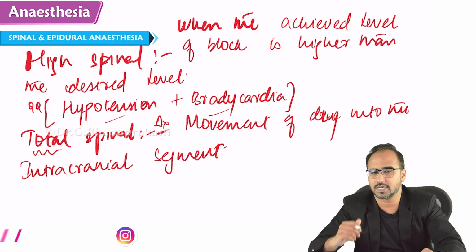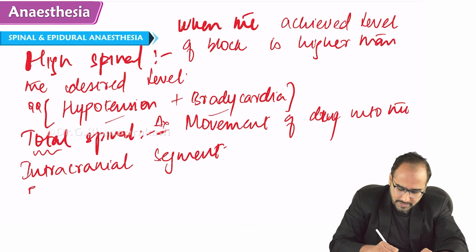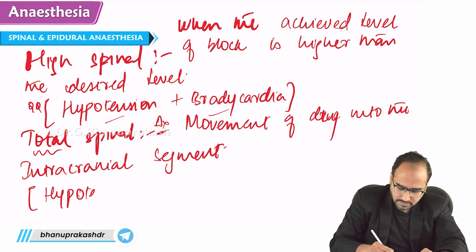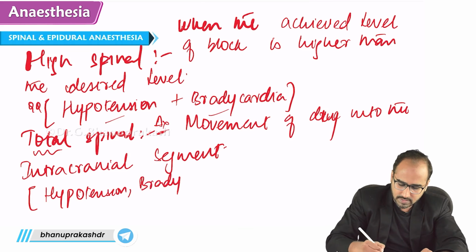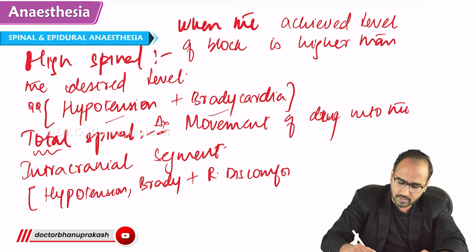Total spinal anesthesia is characterized by what? It is characterized by hypotension, bradycardia, respiratory discomfort.